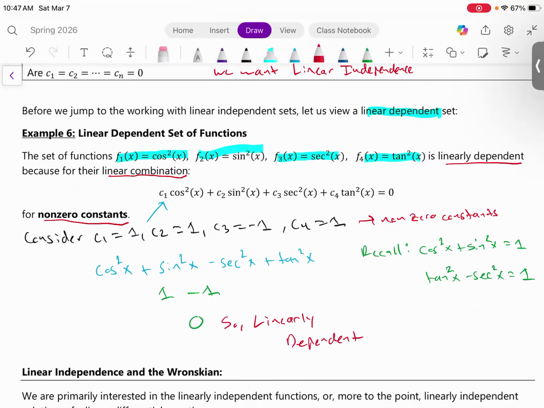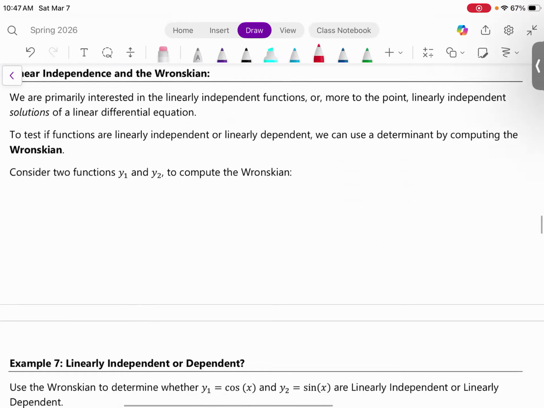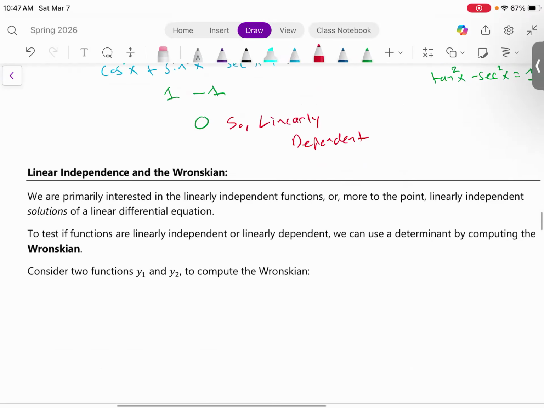In linear algebra, there's definitely a deeper dive into linear independence and dependence, but we're just going over the basics and the definitions. We want linearly independent sets, so let's change our focus to how we determine if a set of functions is linearly independent. We are mainly focused on linearly independent solutions to a differential equation.